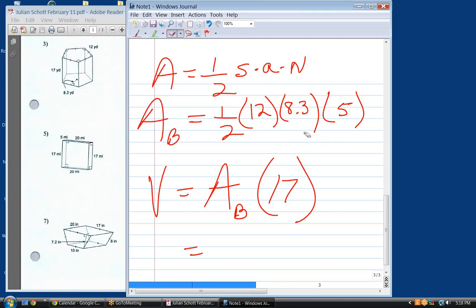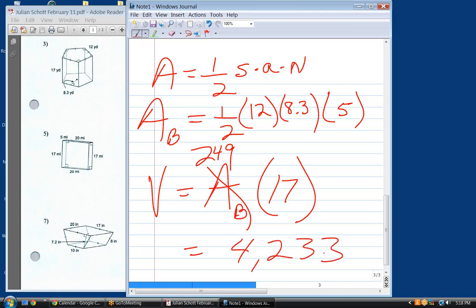So, when you're multiplying four things together, in your calculator, you say 0.5 times 12 times 8.3 times 5. What do you get for that? 249. Okay, and now multiply that by 17. 4,232. That's it. There's your answer.